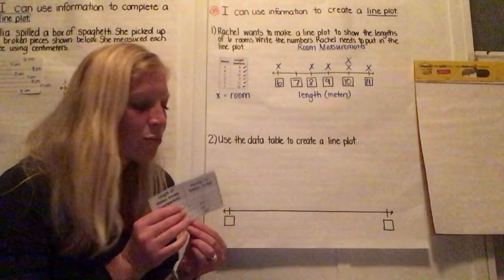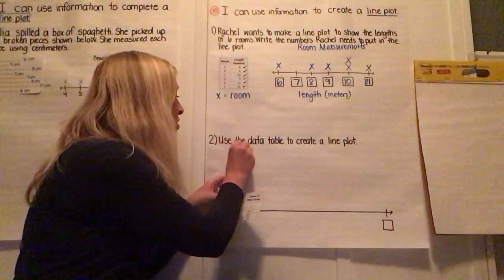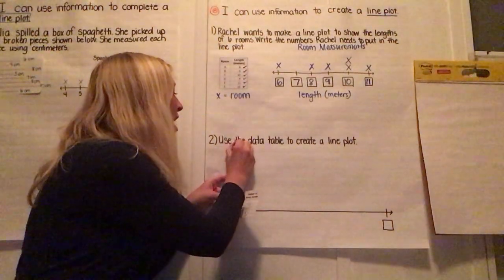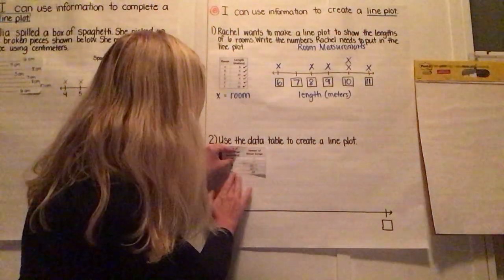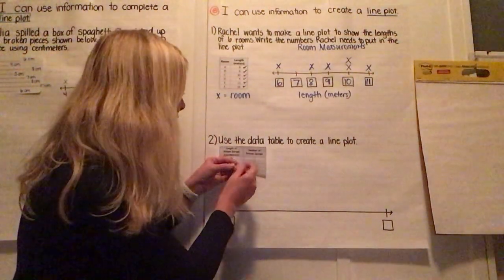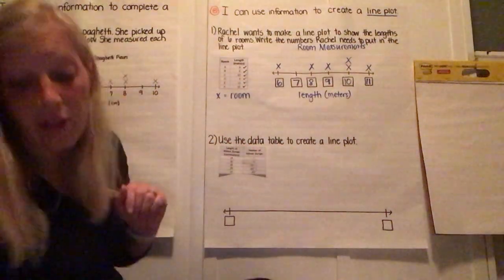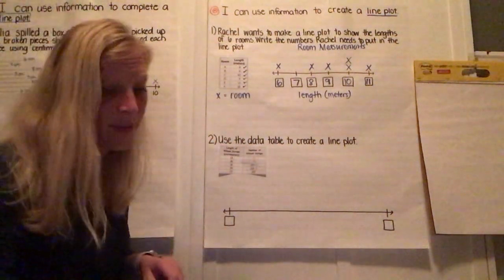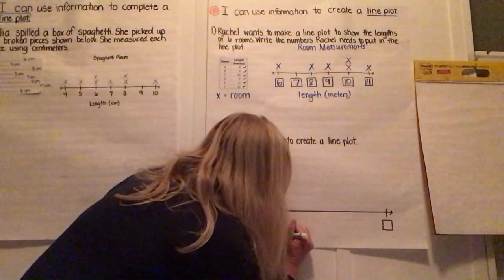Okay, so we are going to pop this back up here. And what are we going to include on our line plot? Okay, so the part on the bottom is going to be the length in centimeters, okay? I'm going to put this back and I'm going to write length.